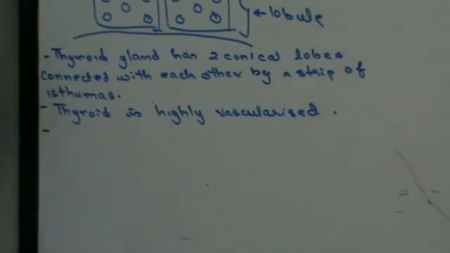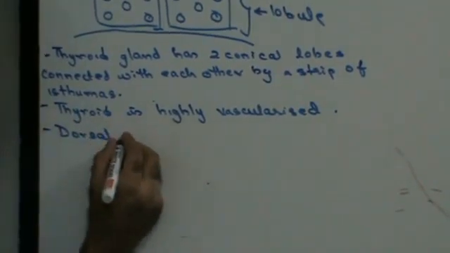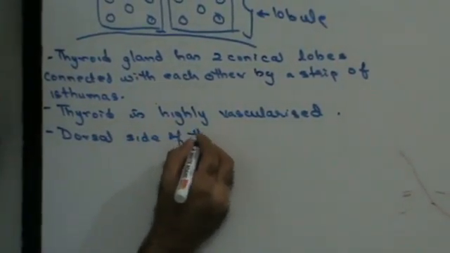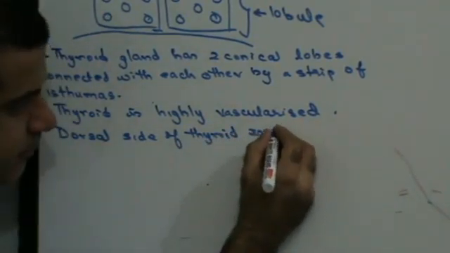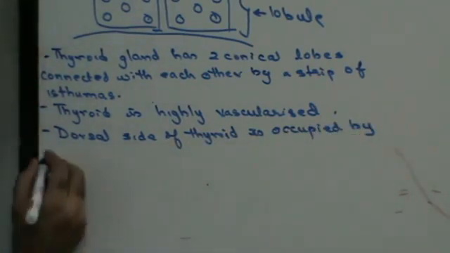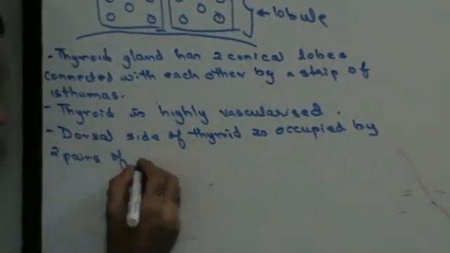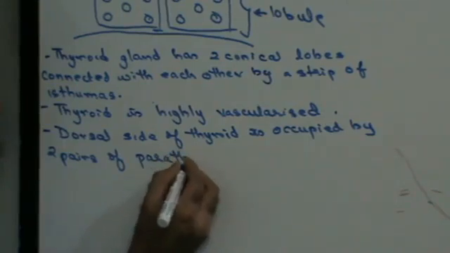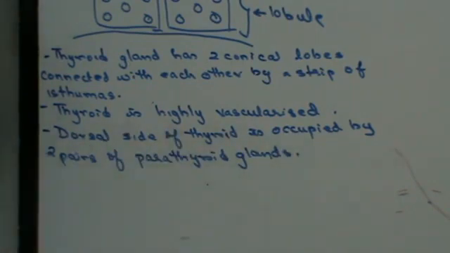Then the dorsal side of thyroid is occupied by two pairs of parathyroid glands. Fine.